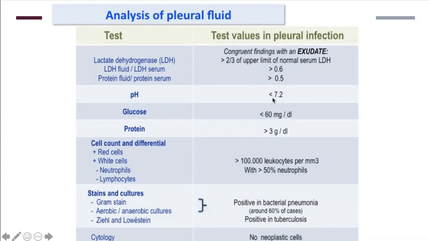And also if your pH is less than 7.2, or glucose less than 60, or protein high, most of it really indicates exudative. And these stains you can use to further diagnose: the Gram stain, or results for TB.